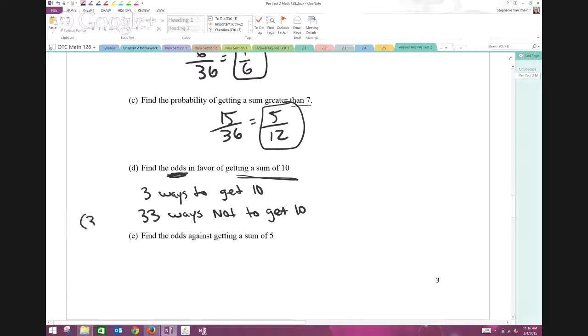Right? This would be 36 minus 3. That would be 3 to 33. That simplifies to 1 to 11. I can write that as 1 to 11.